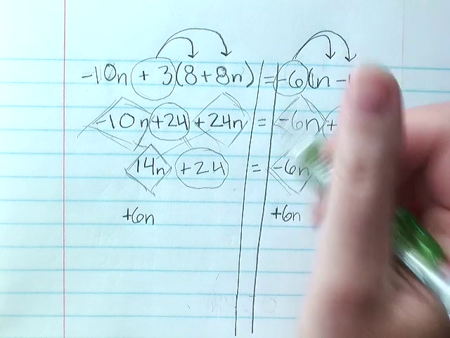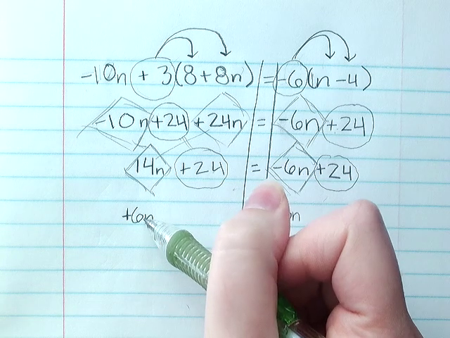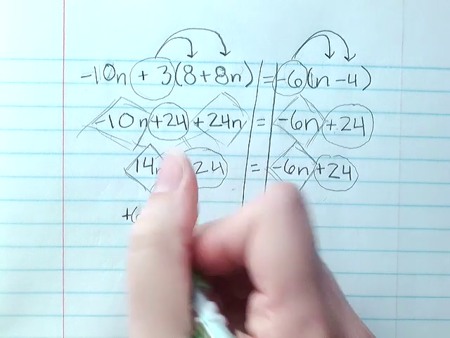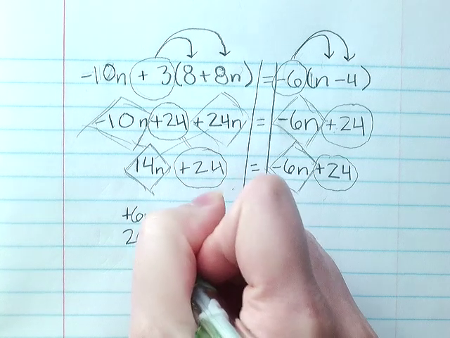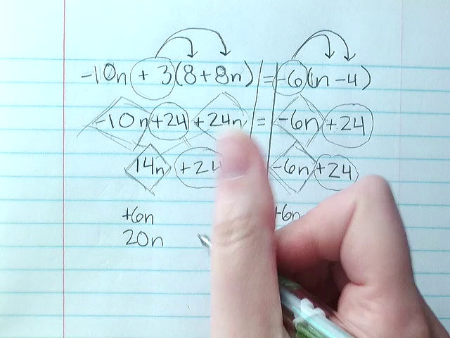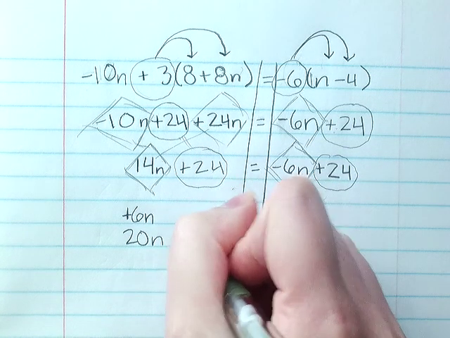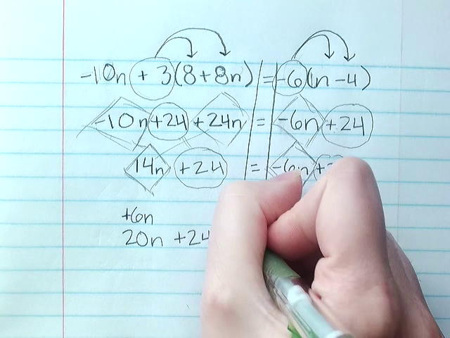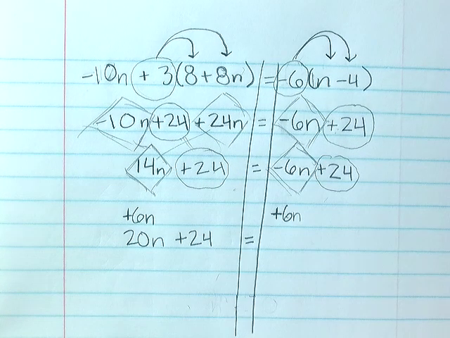On the left side here, if we add 6n, well, 14n plus 6n is going to give us 20 n's. Then we didn't do anything with this plus 24, so we're just going to leave that here tacked onto the end. Then we're going to move our equals down the river.